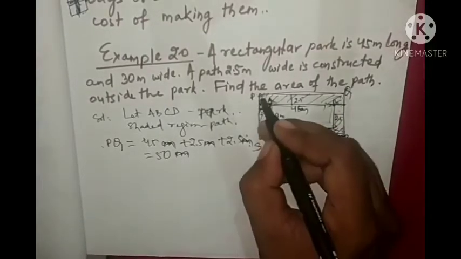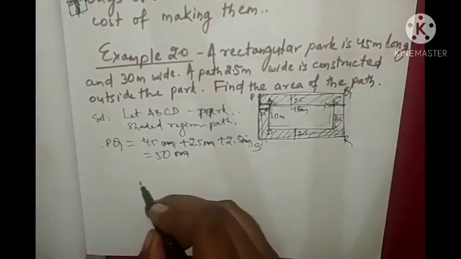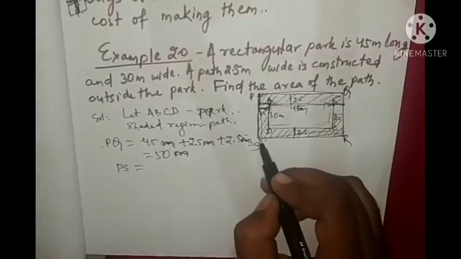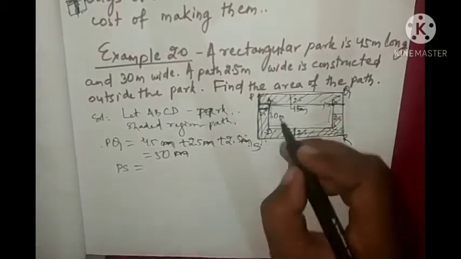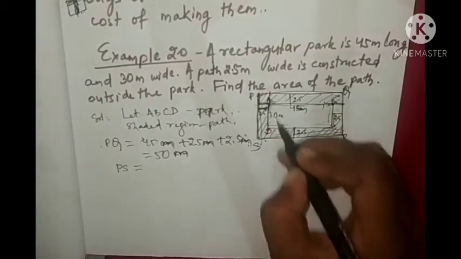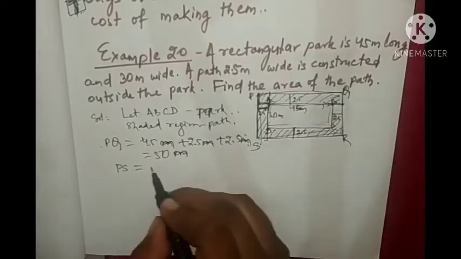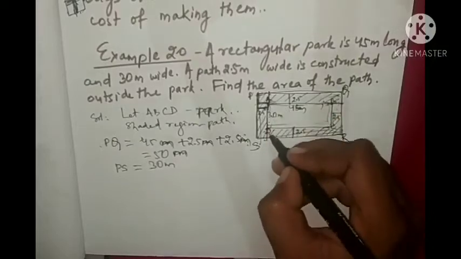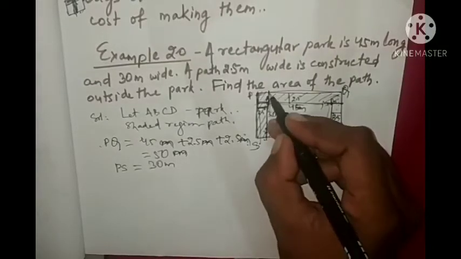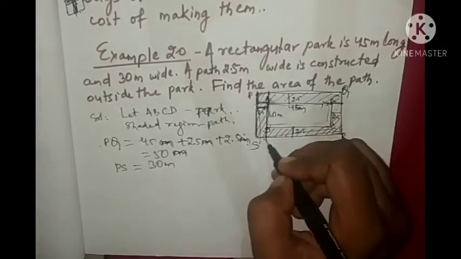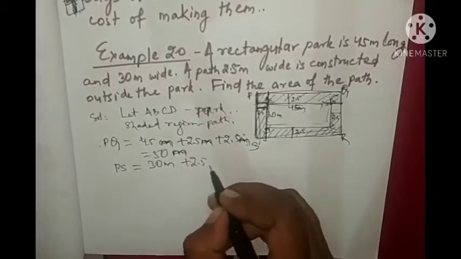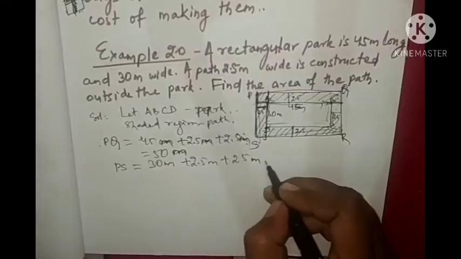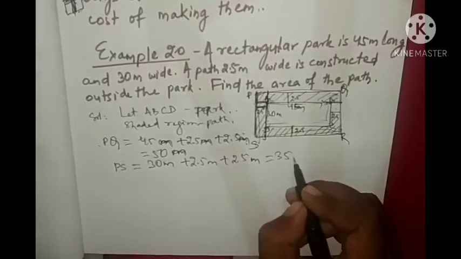Like that, you will find PS. PS is how much? Your AD is 30 meter. You extend here and extend here, so 30 meter, and here 2.5 meter extended, here also 2.5 meter extended. So 30 meter plus 2.5 meter plus 2.5 meter, that is 35 meter.